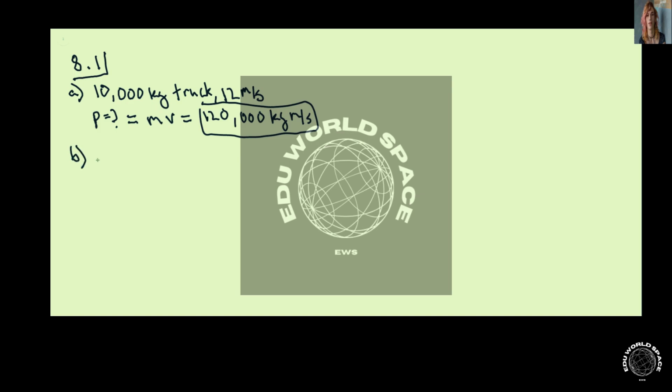Now B has two parts. In the first part, we have a 2,000 kilogram SUV, and we want the momentum to be equal.